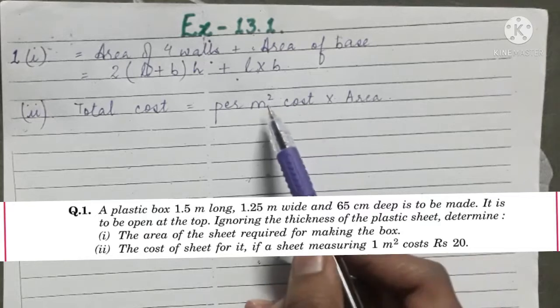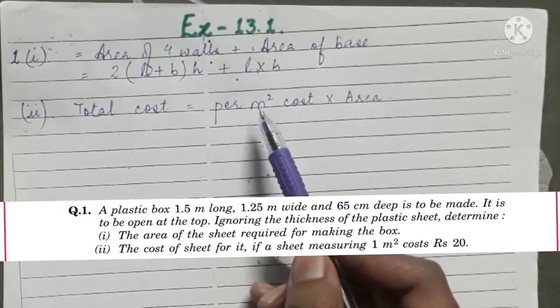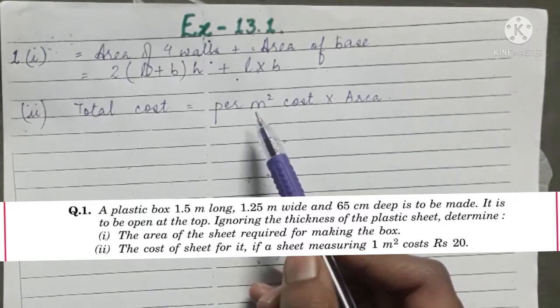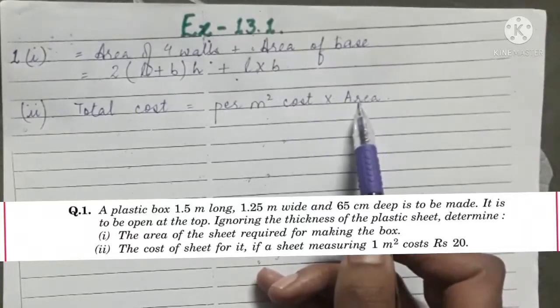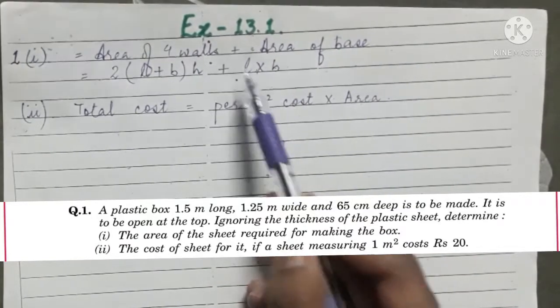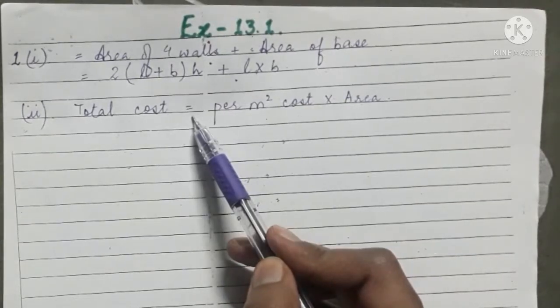Always remember, per meter square cost means cost of 1 meter square. So the per meter square cost is given, rupees 20, and the area you will calculate in the first part, then multiply them and you will get the total cost.